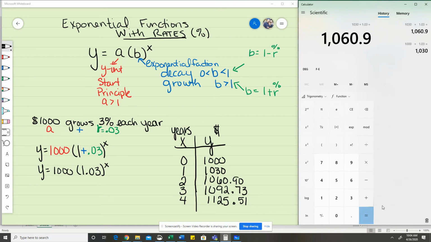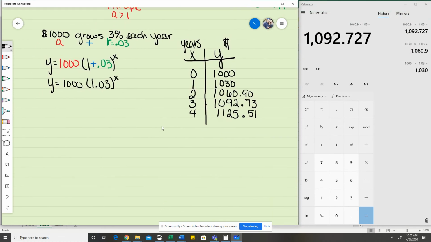Okay, so again, if you can't get your phone to change over to a scientific calculator, that's fine. You could just keep multiplying by your B value, and that gets you to the next step on your table.